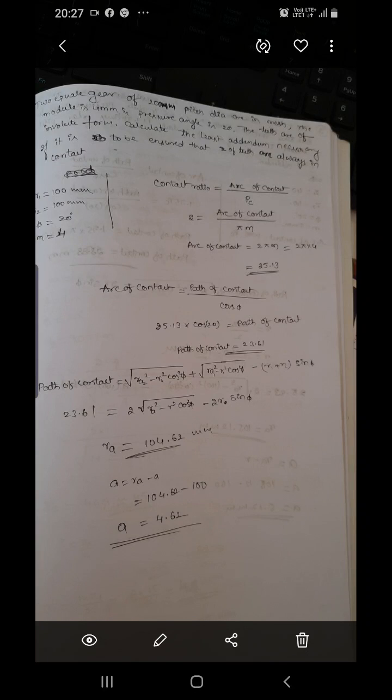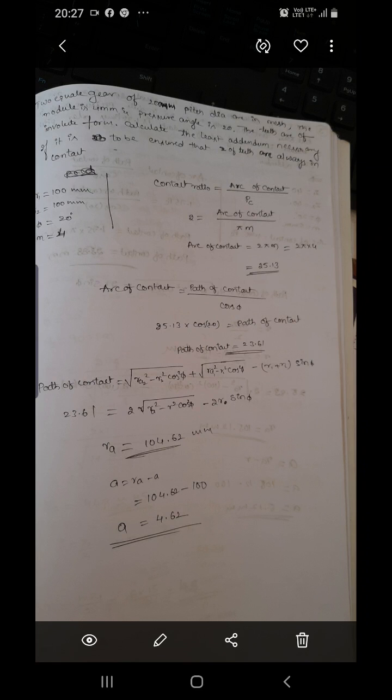Hi, good evening. The next problem we are going to discuss with respect to gears: there are four types of problem they may ask in your annual examination paper. The first type we discussed already.